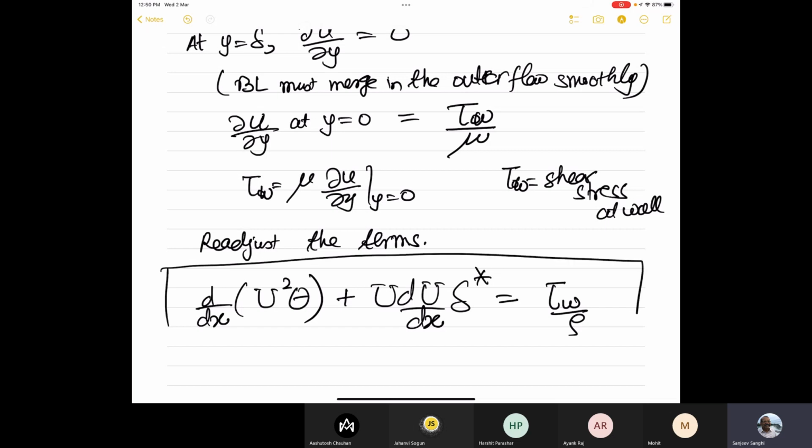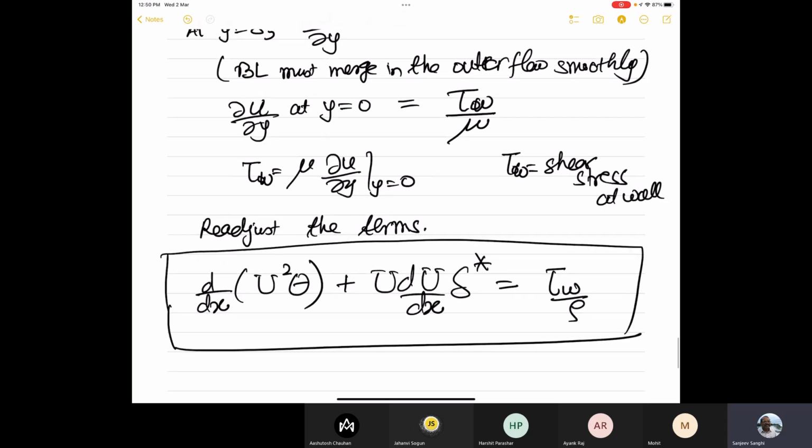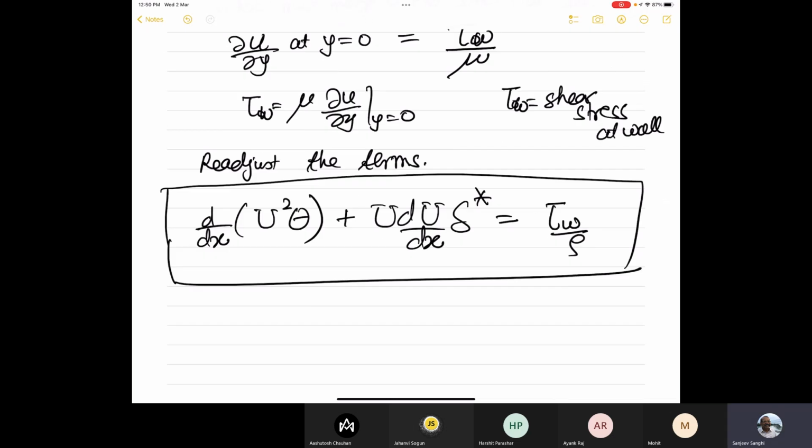And this equation which we have is an exact equation. This is called the von Karman momentum integral equation.